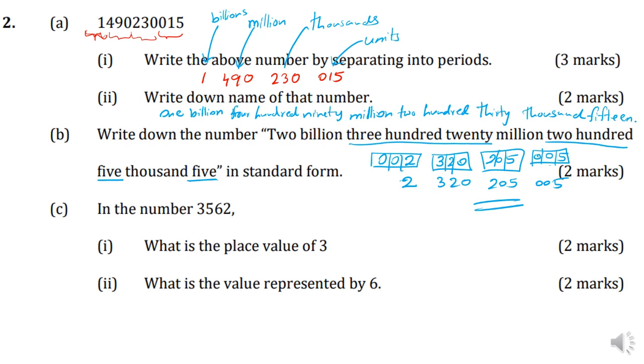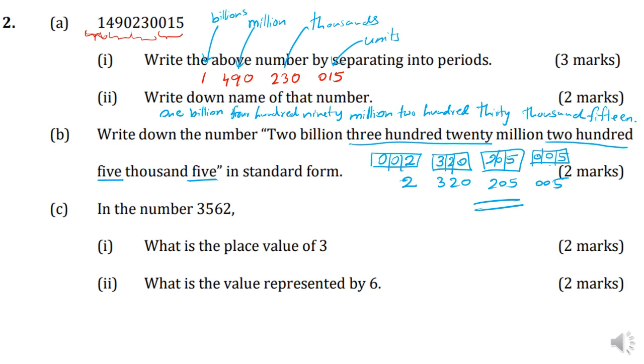If you have this kind of question, you should always start with this kind of boxes, right? Each box has a name. If you start from the right side, the first one is units, second one thousands, third one millions, fourth one billions. In the number 3562, what is the place value of 3?